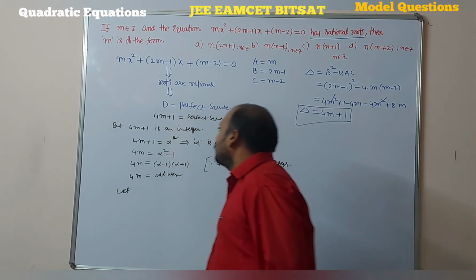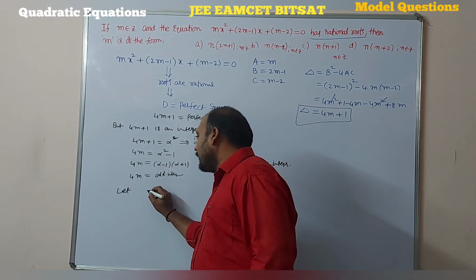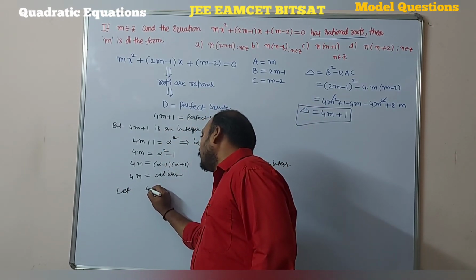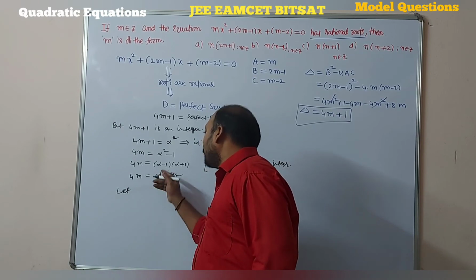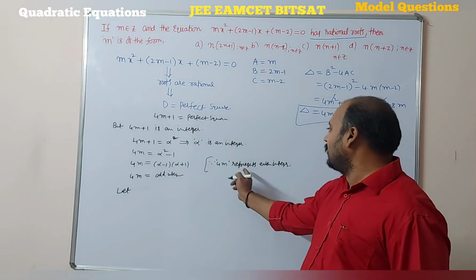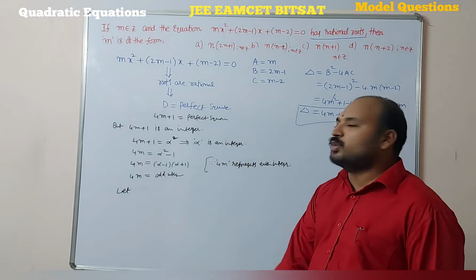Let the odd integer I am assuming be 4n plus 1. If you subtract 1 or add 1, it becomes an even integer to odd integer.